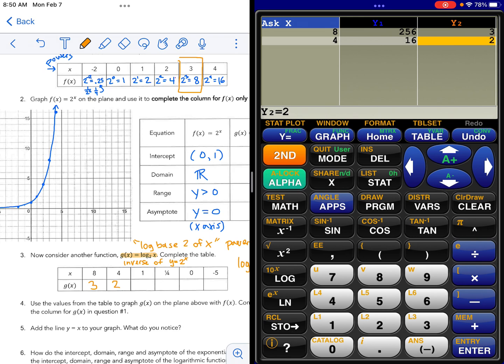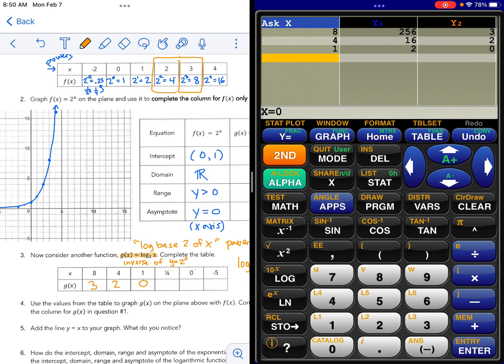So again, notice that is swapped in that exponential table. 4 comma 2 is 2 comma 4 in the exponential table. So what happens when x is 1? When x is 1, we get 0.